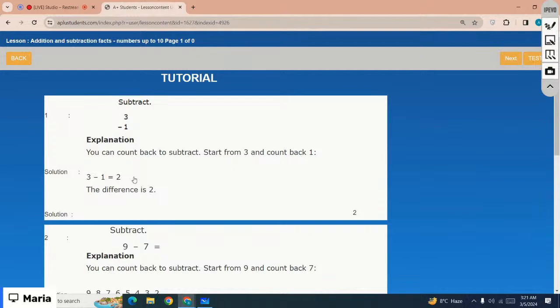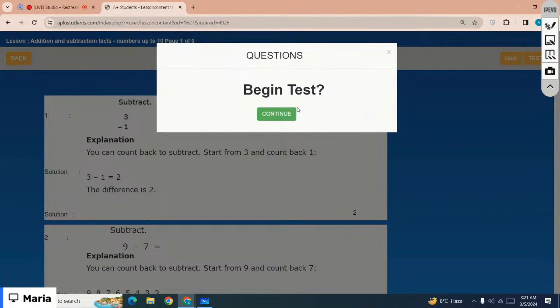So 3 take away 1 is, you have to subtract, 3 take away 1 equals 2, right? So you simply have to add or subtract. Let's just start with the test questions.